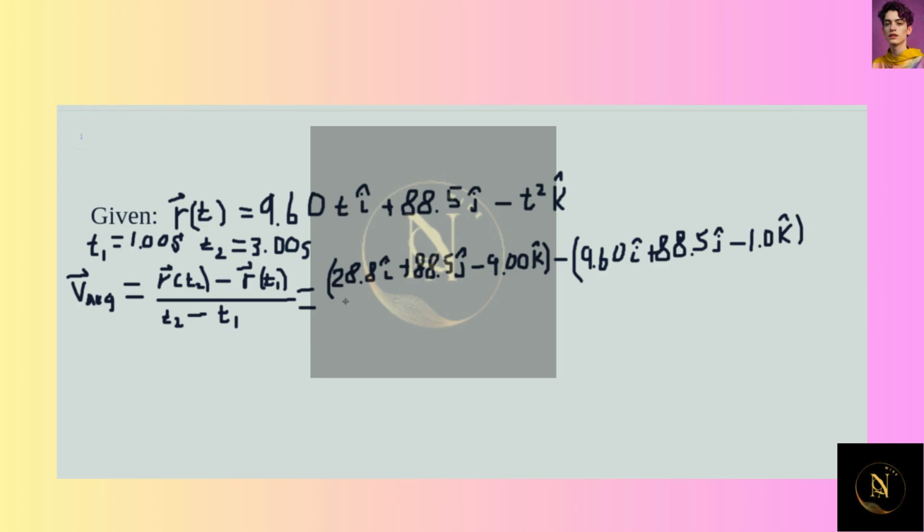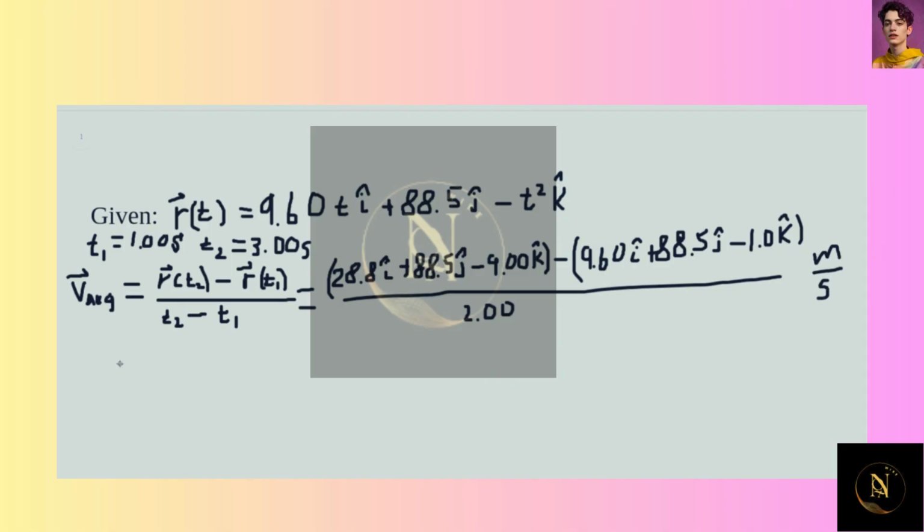Okay, and that's going to be divided by t2 minus t1, so 3 minus 1, which is 2. And the units on this are going to be meters per second because this is velocity.